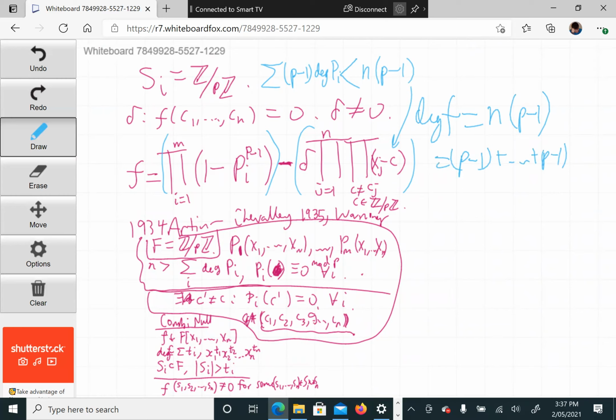And what we need for this to work is an x1 to the power of p minus 1, right? And x2 to the power of p minus 1, up to xn to the p minus 1, yeah? We need that to exist. So that's just your thing. And p minus 1 is obviously less than s, right? Which s is p, yeah? So p minus 1 is less than p, which is equal to the size of s.